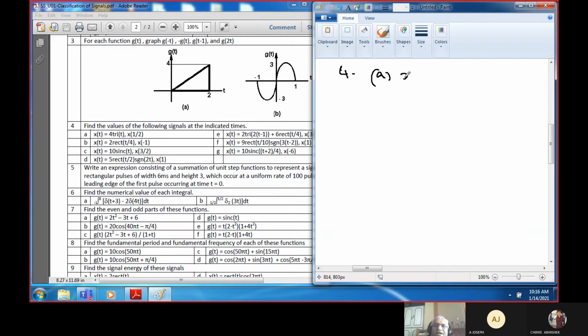In A, it is written x of t equal to 4 tri of t, and we have to find at t equal to half. That is at t equal to half, what is the value here? Now some very clever students will be there, right, who will not understand this tri.